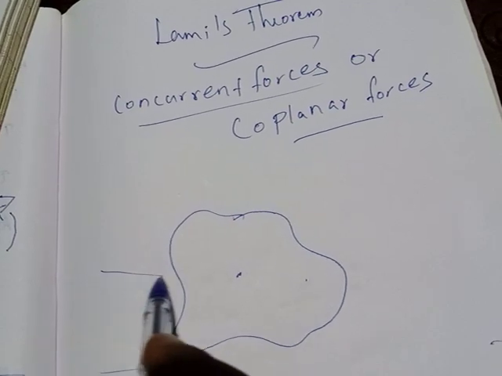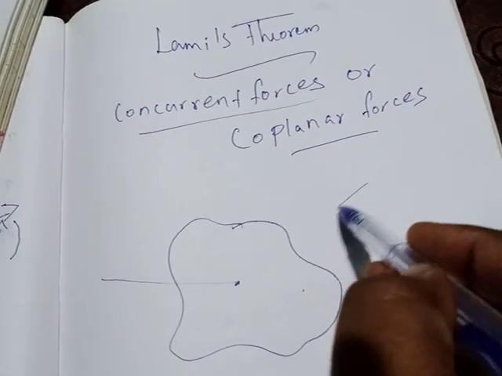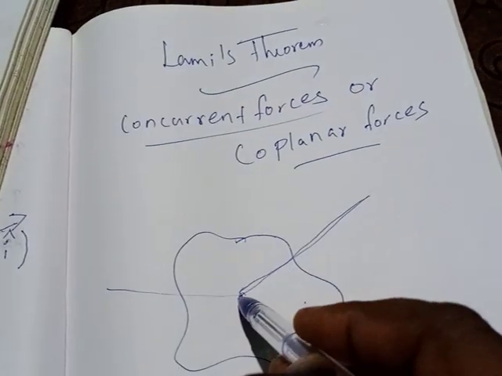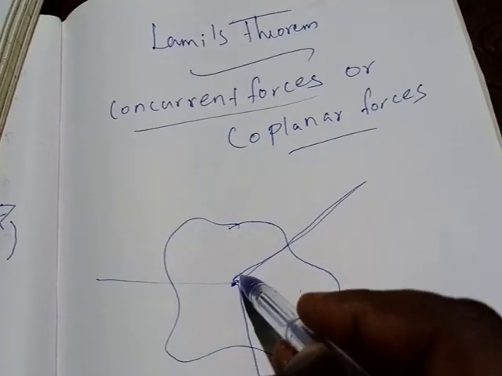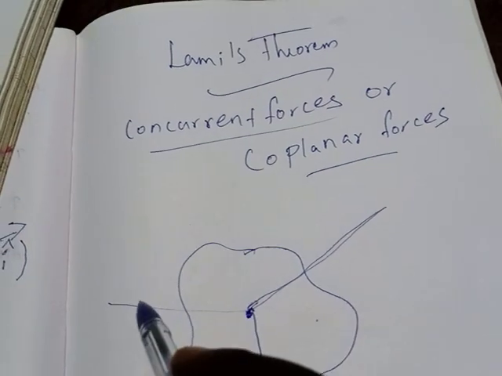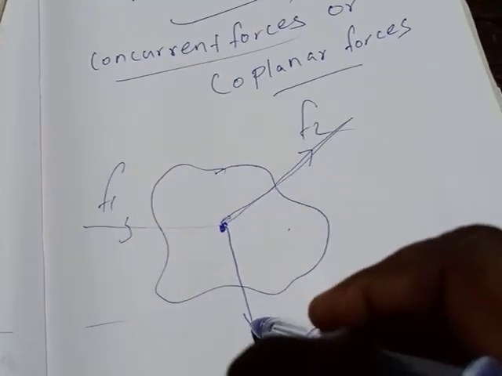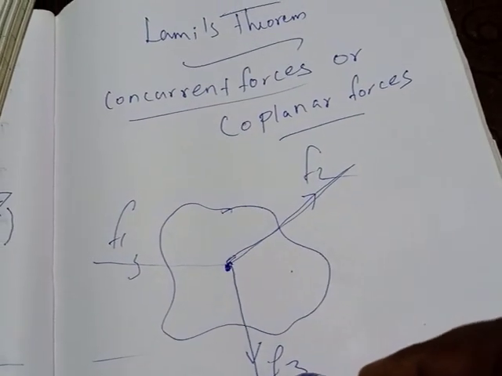So on this surface some different forces are acting from different directions, and all these forces are joining at a point. So this is F1, this is F2, and this is F3.